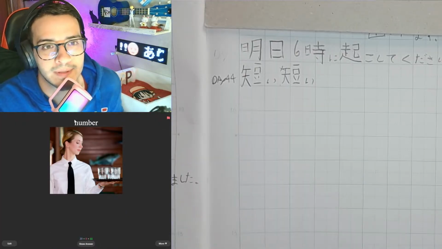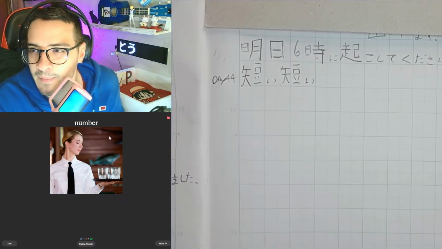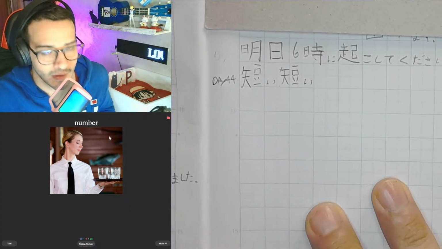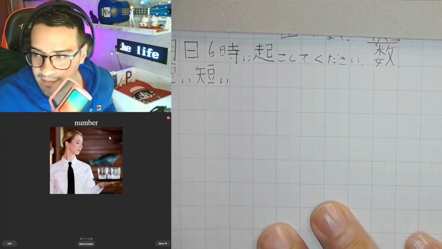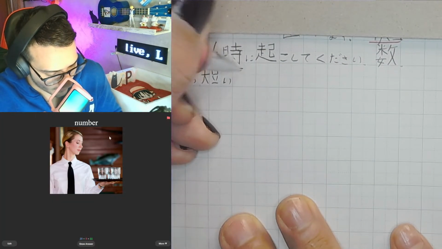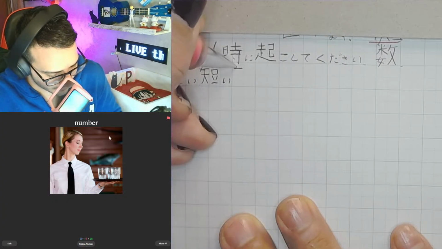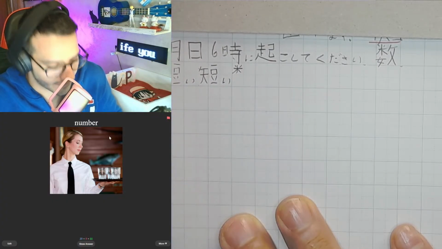All right, how do we say number in Japanese? I can tell you how to write it. First of all, remember there is the kome radical, the rice radical.